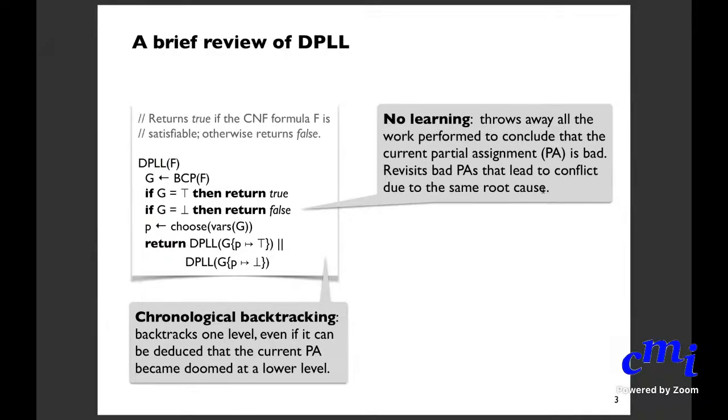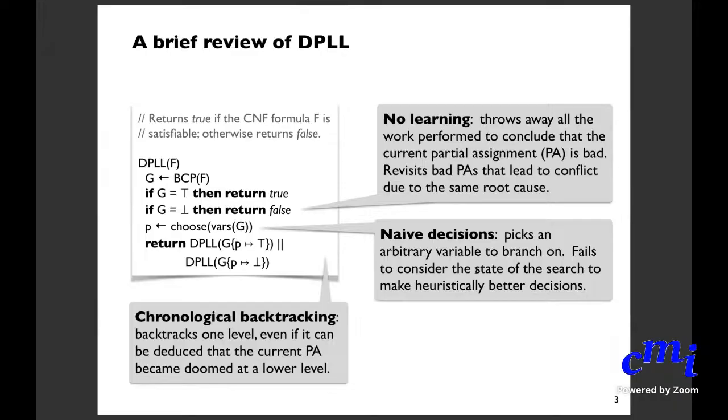In this case, the root cause was that X1 and X4 could not be 1 simultaneously. The other thing is, why backtrack always to the latest level? Could you not jump levels? And the third thing was, can you have some very good heuristics to make your decisions?